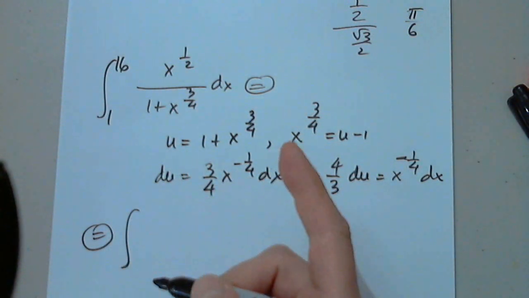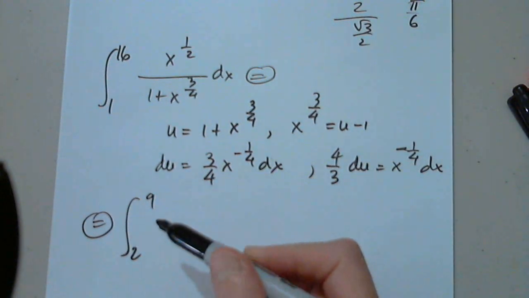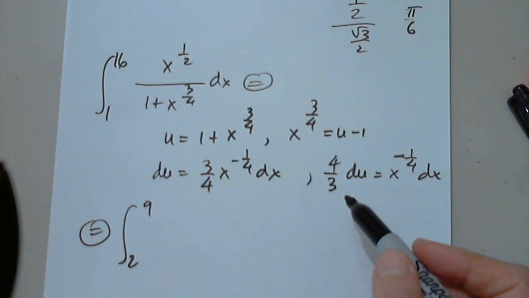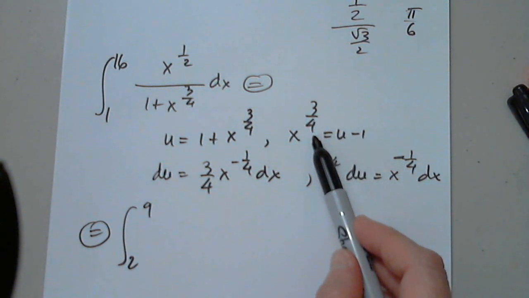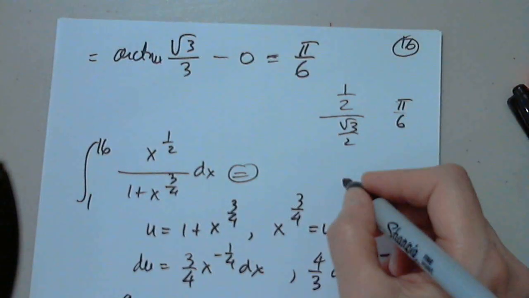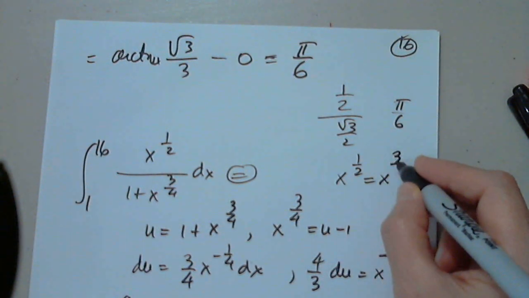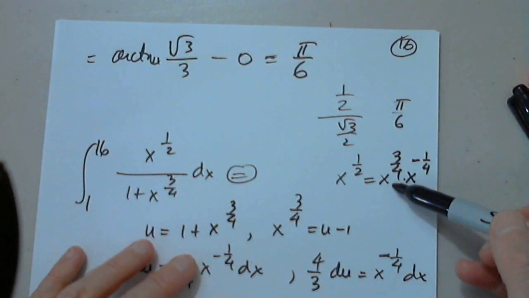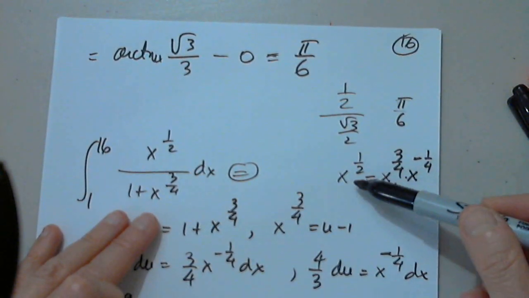Then x to 1/2, x to 3/4, and x to negative 1/4. Yes, that's correct.